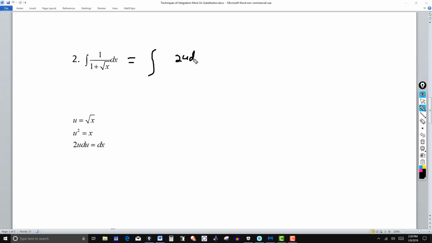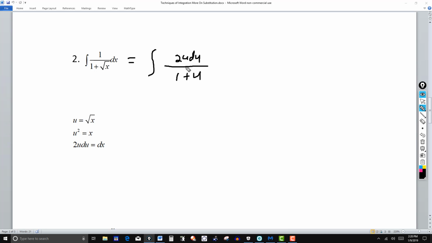In the bottom, I have 1 plus square root of x, but that's going to be u. Okay, so now here I have a rational expression in u.